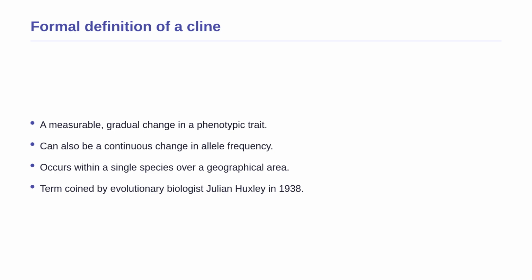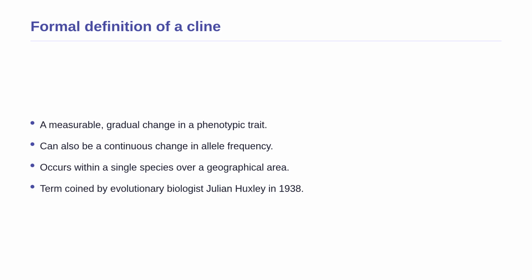Building on that mountain analogy, let us look at the formal scientific definition. In evolutionary biology, a cline is defined as a measurable, gradual change in a phenotypic trait or an allele frequency within a single species over a geographical area.